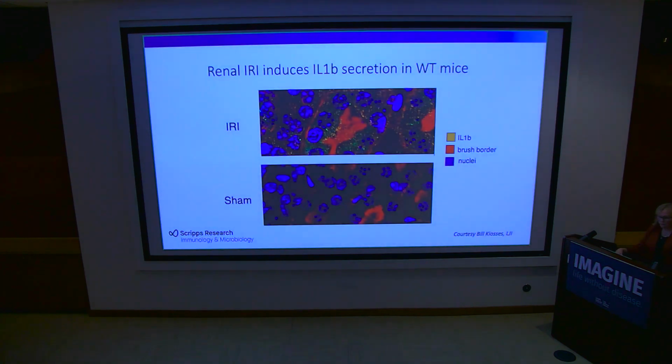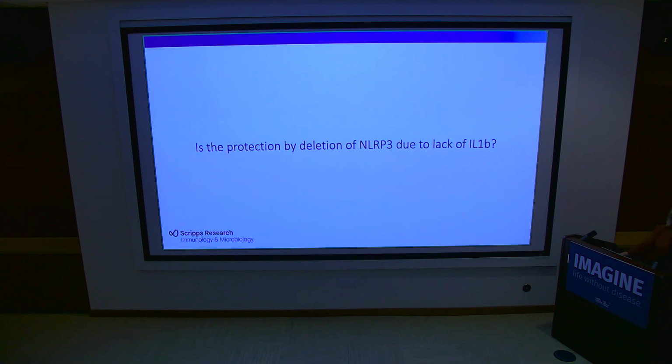And we also found, this is work, again, from Bill, that after ischemia reperfusion injury, there's a ton of secreted IL-1 beta from the renal tubular epithelial cells in mice. So the question was, is this protection just an IL-1 beta effect?